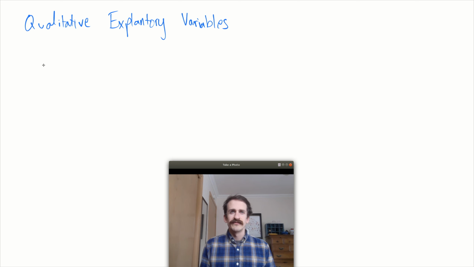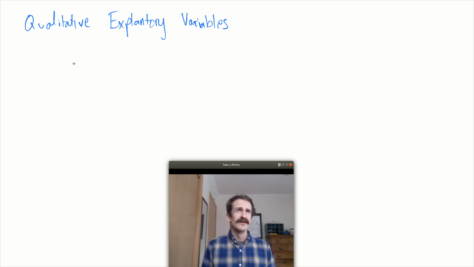Qualitative explanatory variables are going to allow us to do things like a t-test in the regression framework, which I'll show you how to do, but also to do more complicated things, such as compare different regression lines. And let me show you what I mean by that.